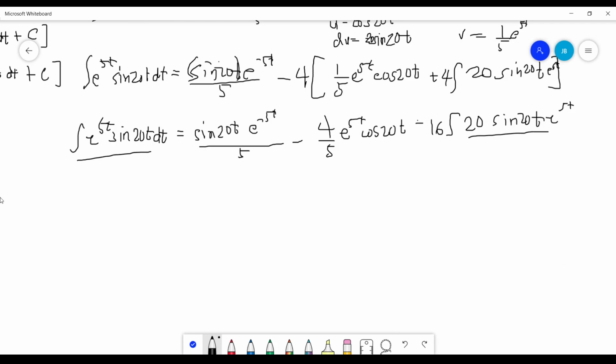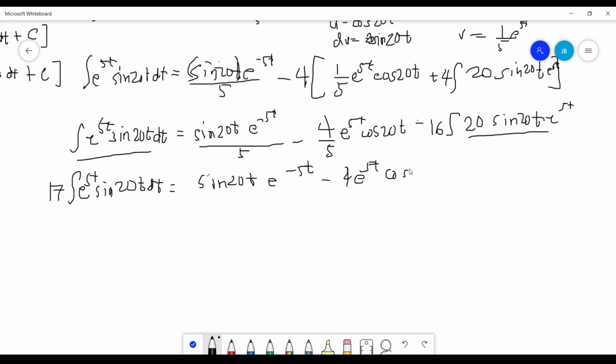So this plus this makes 17 times the integral of e^5t sine 20t dt equals what remains: sine 20t e^5t minus 4 e^5t cosine 20t all over 5.